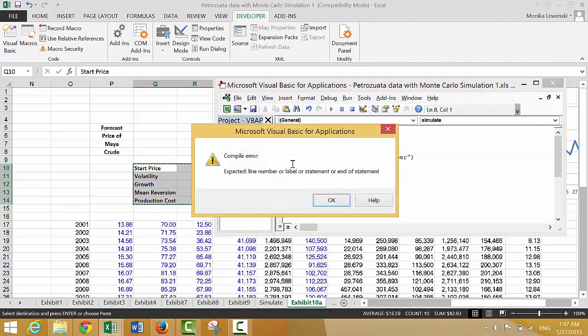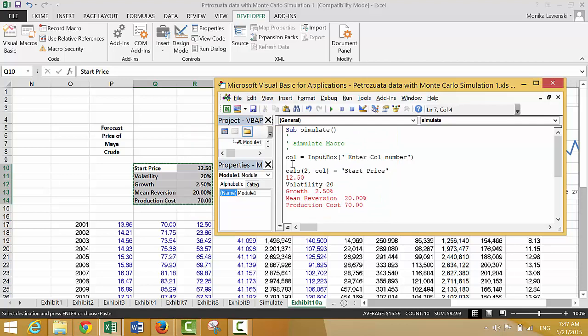I know I spelled it wrong. And then cells 3, col equal range start price.